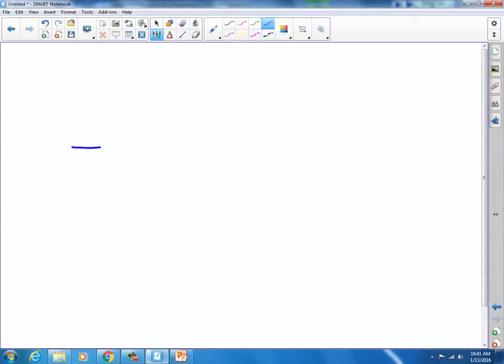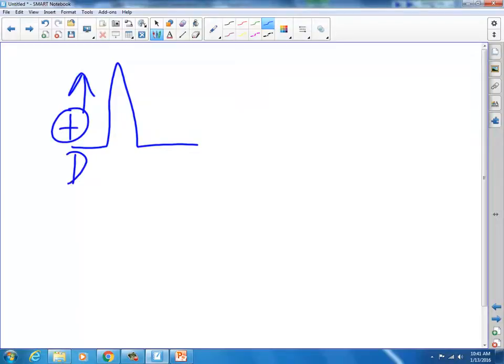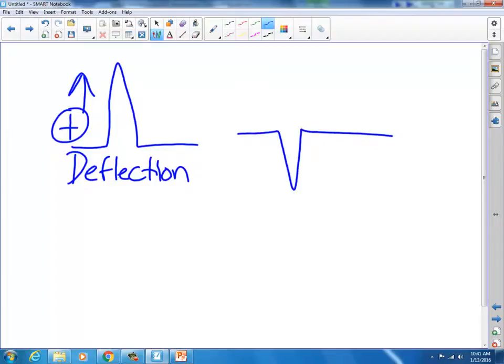So if I've got a complex that goes up, I know that that is a positive deflection. And if I've got a complex that goes down, I know that that is a negative deflection.